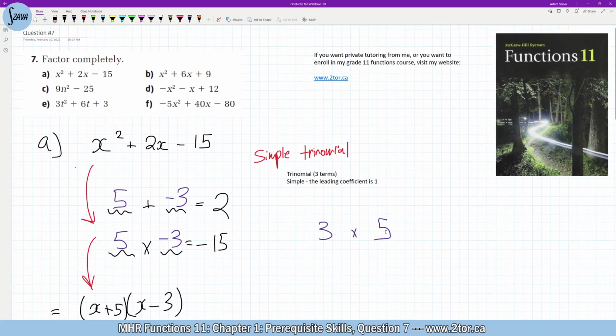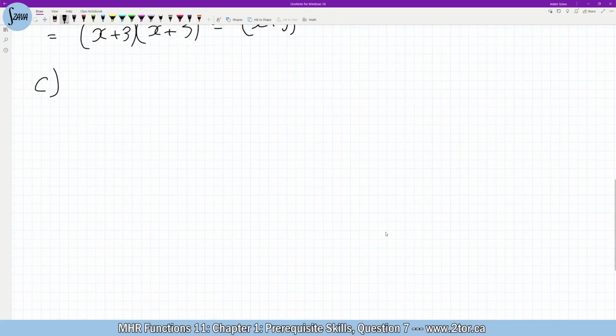Part C. Part C is 9n squared minus 25. Whenever you have a binomial like this, you certainly can't use simple trinomial factoring like we've been doing in the other examples. So what we need to do is think about another method, and that method is a difference of squares.